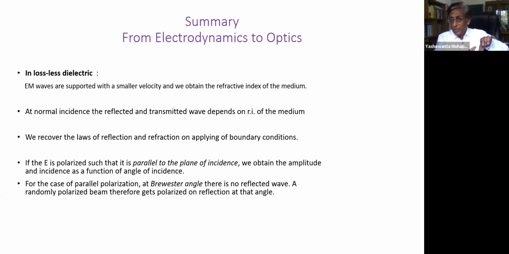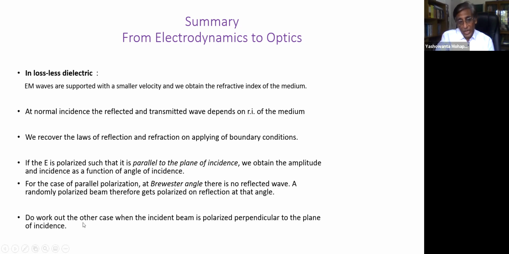Random polarization means there is a fraction in the parallel direction. You can always express it as a part which is parallel to the plane of incidence and a part perpendicular to it. But the parallel component simply gets extinguished if the angle of incidence is the Brewster angle, and hence the reflected wave will have only the perpendicular polarization. It's a small fraction of energy, but whatever energy you get at that angle would have polarization perpendicular to the incidence plane.